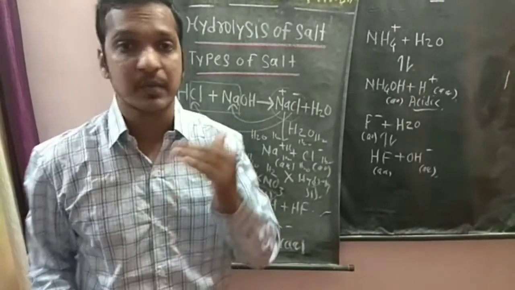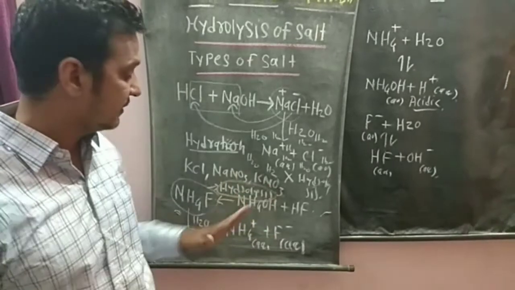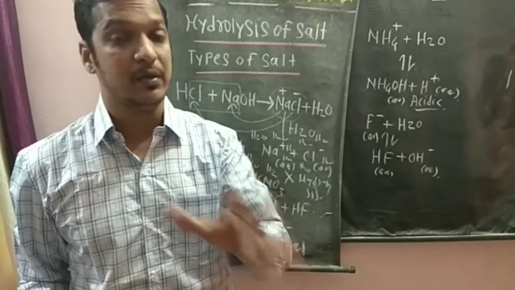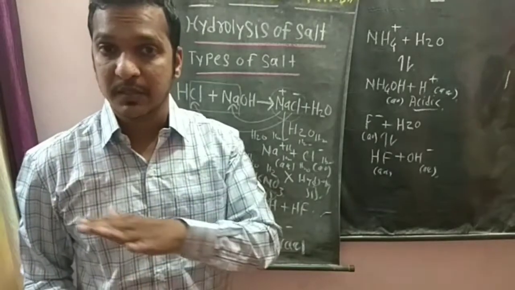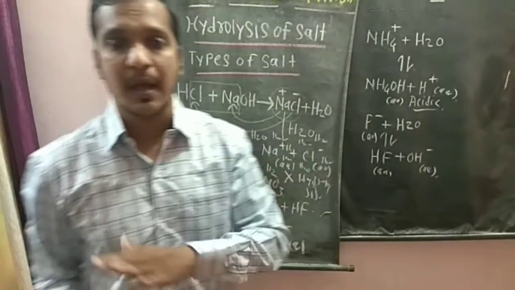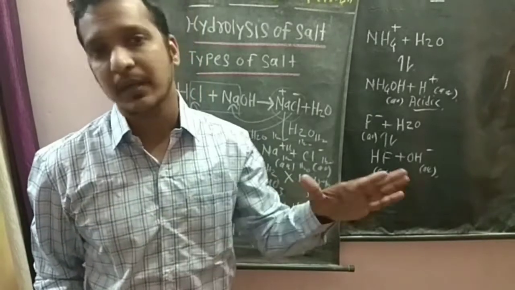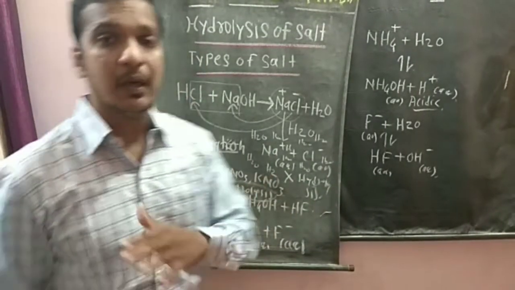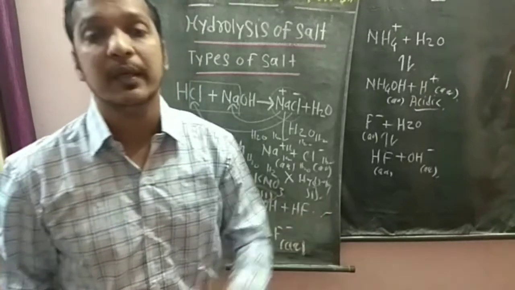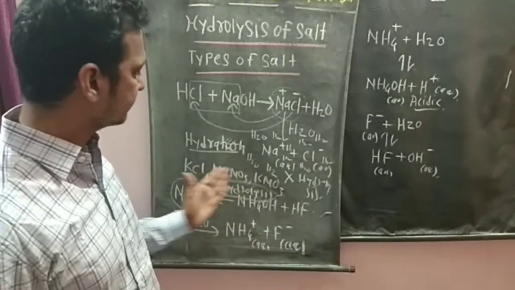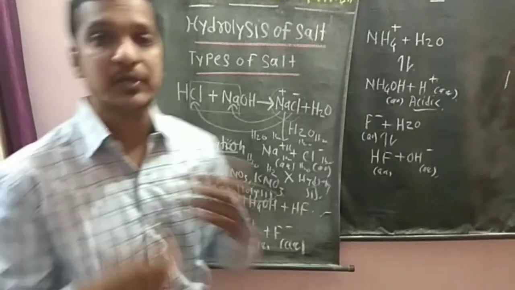Ammonium fluoride undergoes hydrolysis of salt, which is not observed in the case of NaCl. In the case of NaCl, hydrolysis of salt does not take place. Similarly for KCl, NaNO3, KNO3, we do not observe hydrolysis of salt, because they are all made up of a strong acid and a strong base.